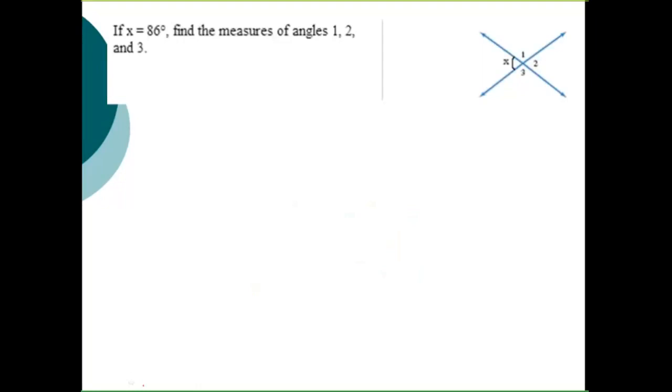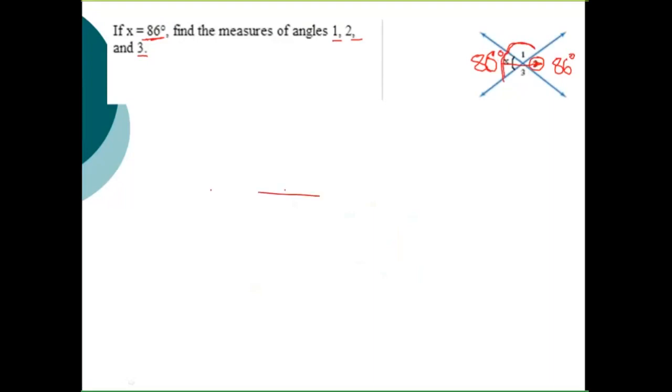But here we go. This one says if x is 86 degrees, find the measures of angles 1, 2, and 3. So basically what I just did a moment ago, I can throw 86 right over here because these are called vertical angles. And vertical angles are congruent. And what we know then is that this amount has to be 180 degrees minus what 86 would be.